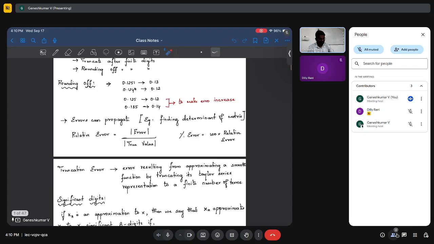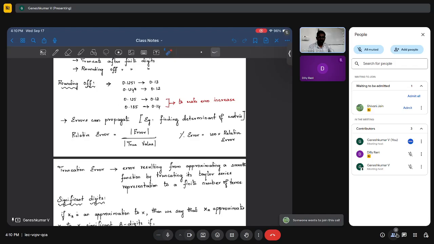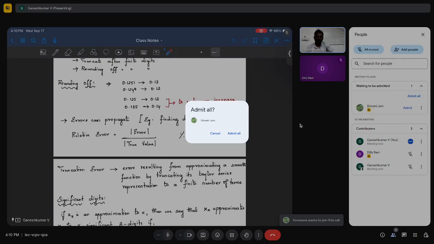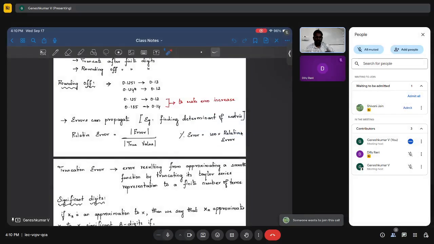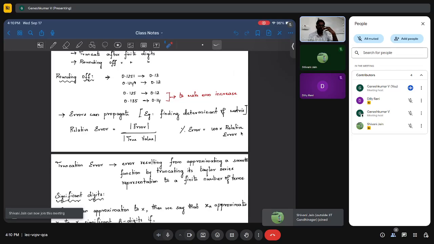The rounding off rule is something like, let's say if you're rounding off up to the second decimal, you look at the third decimal place. If it is above 5, you increase the second decimal place by 1. If it is below 5, you just keep the second decimal place as it is.